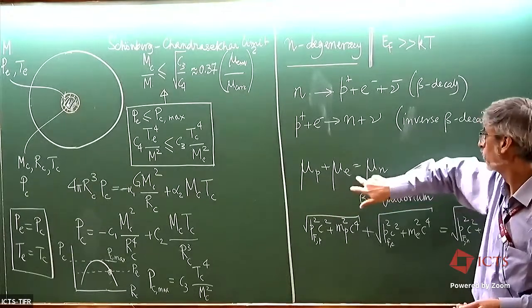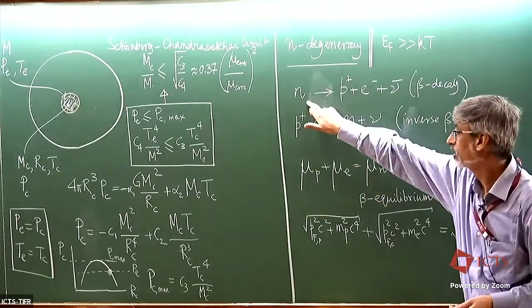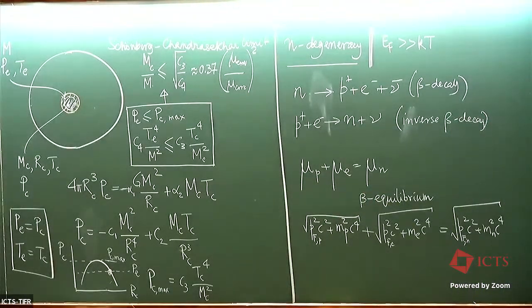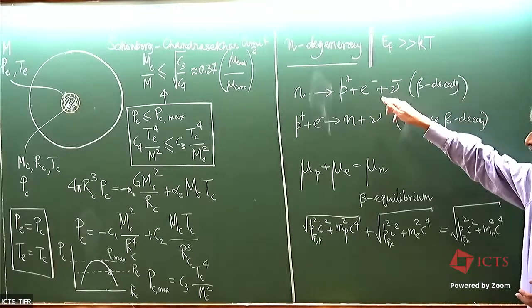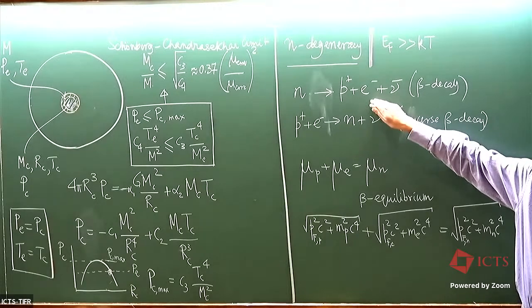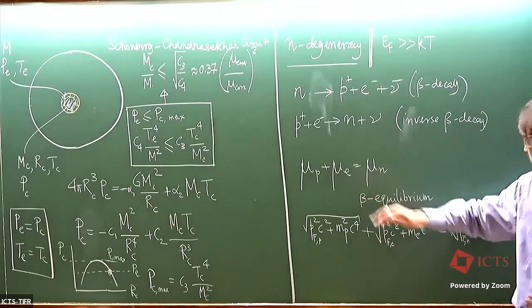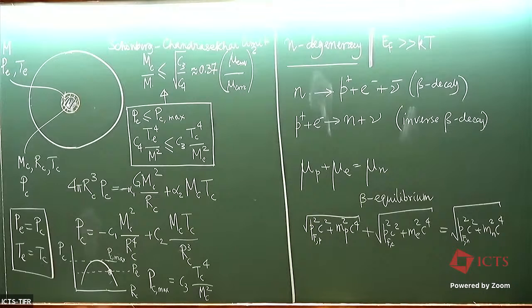So the mu n, the energy corresponding to the neutron, is not just the rest mass of the neutron, but also the corresponding Fermi energy. If you keep making it more and more dense, the neutrons will also gain more energy. So there is more energy to spend to populate electrons on the right-hand side. So this is really a dynamical equilibrium depending on density.